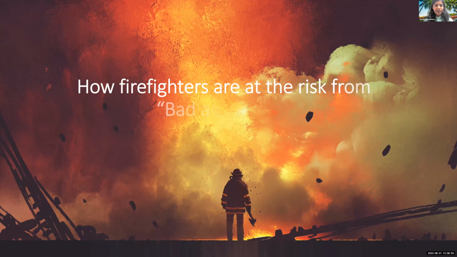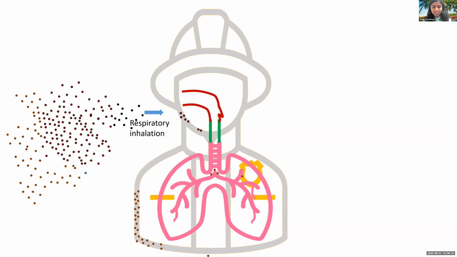So how are firefighters exactly at risk from the bad aerosols, because good aerosols are the ones which are good for humanity. Let's consider an example. This is our firefighter, and this picture is about the respiratory system of a firefighter. Now we know that firefighters are exposed to a large concentration of aerosols.